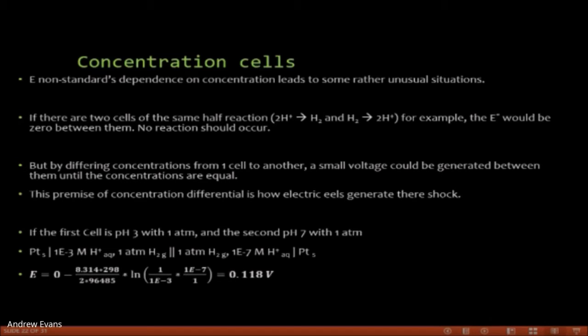So in this case, this is actually a little bit wrong, but not by much. I'm going to correct this real quick. What is the actual half reaction that is occurring? Let's write this out.